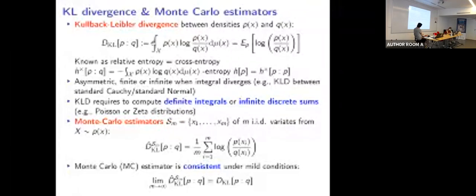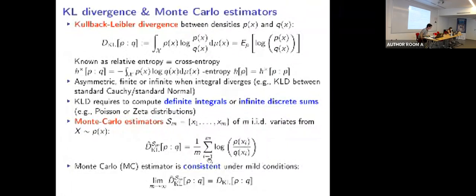So in practice, when you don't have a closed form solution, you estimate the KLD quantity by Monte Carlo stochastic integration. That means you take x1 to xm, which are IID samples from P of x, and you replace this integral by a sum where you divide by m. So this is the average over m of the log of a density ratio at the sample points.